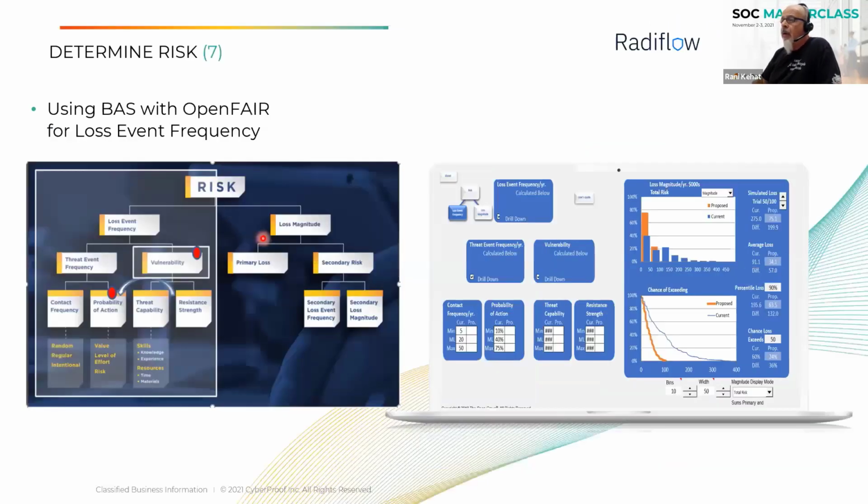The trick is then going into the probability of loss, and this is where resistance strength is the way we put in values after we've got some data points from a breach attack simulation, because we can understand which mitigators to put in place and whether they are efficient against your attack vectors, those adversaries in your region.